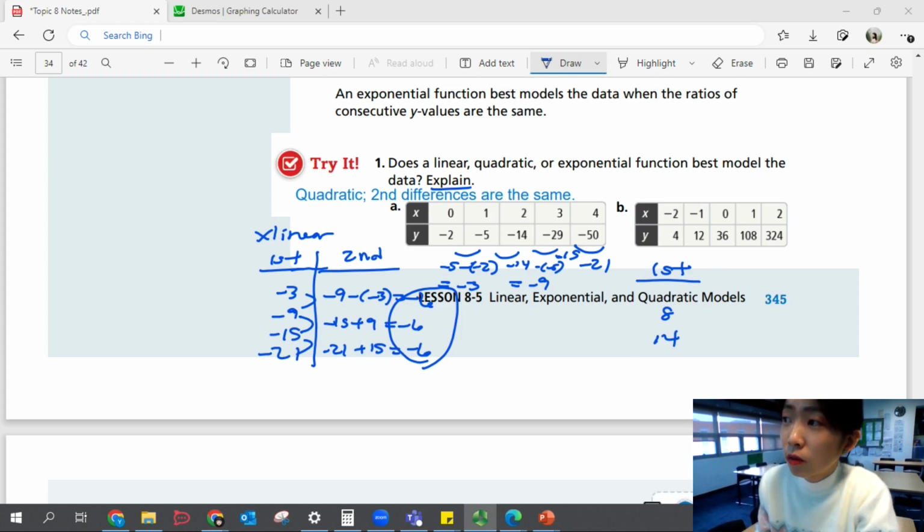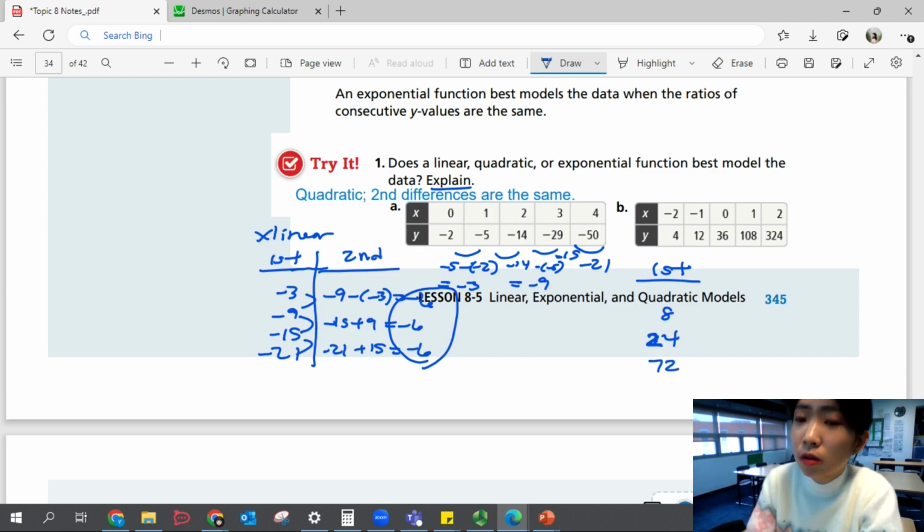Let's continue. 108 minus 36 is 72. And 324 minus 108 is 216.